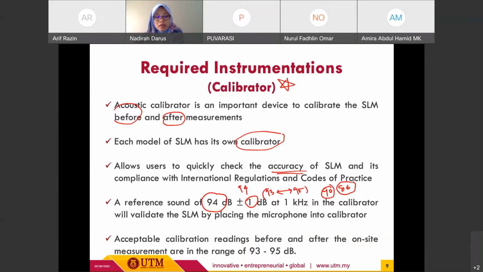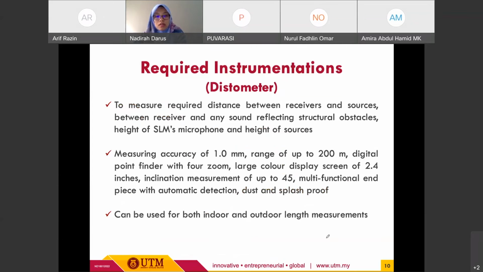So that one suddenly kita akan refer back to the consultant ataupun to the supplier. Okay. And then ni yang saya dah mention, accepted calibration readings before and after. Okay, that one for the first one sound level meter, and then the second one for its calibrator.